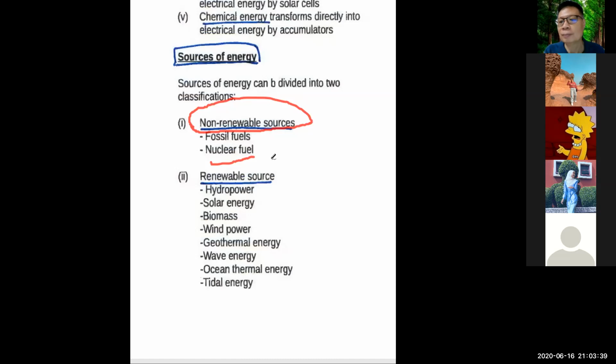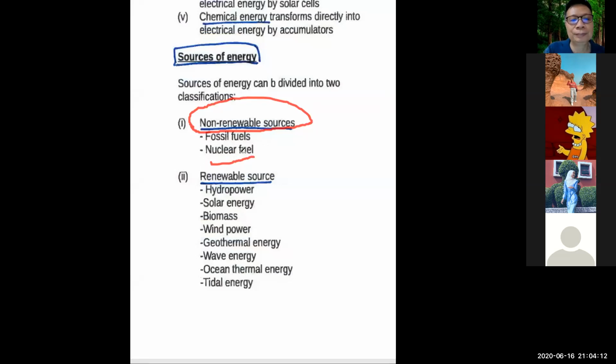Our Malaysia doesn't have, not even a single one. No nuclear energy in Malaysia. Very sad, no. So it's in your hands now. You must study hard, learn more to develop our country, so that our country can use nuclear fuel. Because other countries are using nuclear, we are not. Then one day it finishes, we don't even have a chance to use it, if you don't use it now.